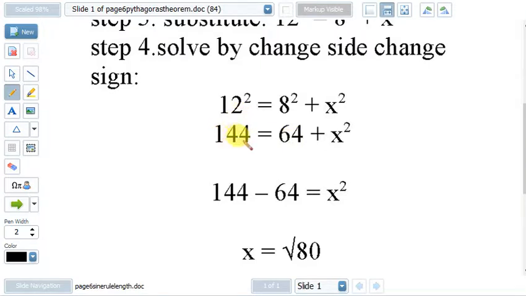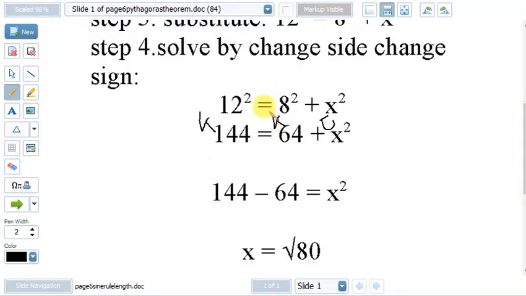So it will be 144 equals 64 plus x squared. And again, the 144 is a known, 64 is a known because there's no letters, and x squared is an unknown because it's a letter. So for 5x, the 5 times would be a known and the x would be the unknown, for instance.